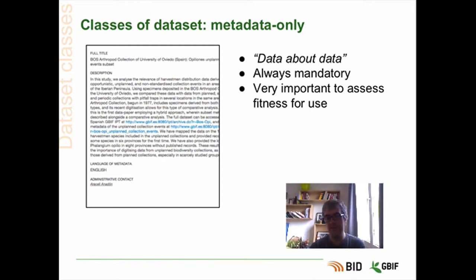That will give you visibility. And if someone wants to use your data, this person will already be able to contact you and maybe ask you for more information and show interest before the data is actually published. So that can be used in two steps. You can publish a metadata only dataset and later on add data to it, for example.